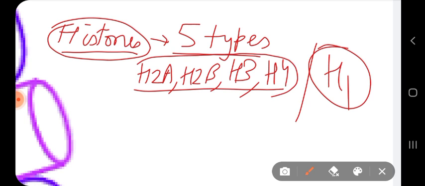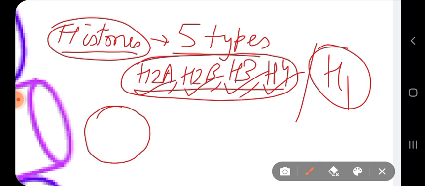Four of these types of histone form a nucleosomal complex. Two molecules of H2A, two of H2B, two of H3, and two of H4 together form a histone octamer.